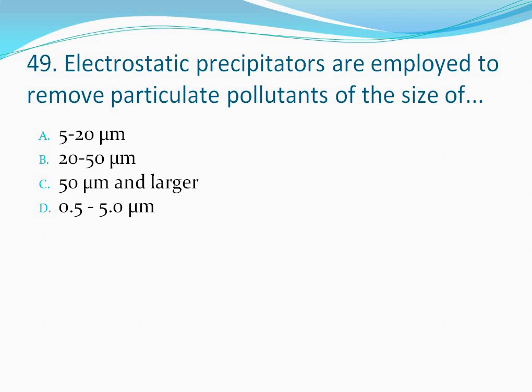Option C, 50 mu and larger. Option D, 0.5 to 5 mu. Electrostatic precipitators are employed to remove particulate pollutants of the size of 5 to 20 mu. Let's move to the next question.